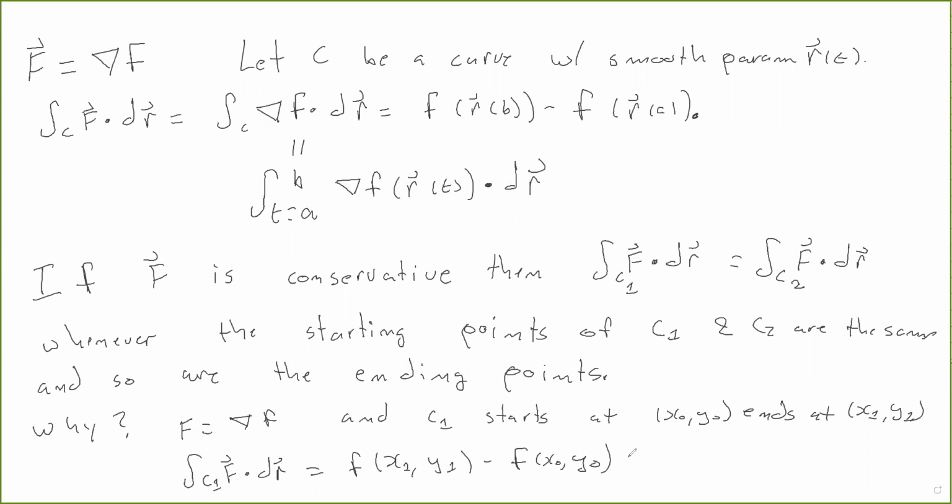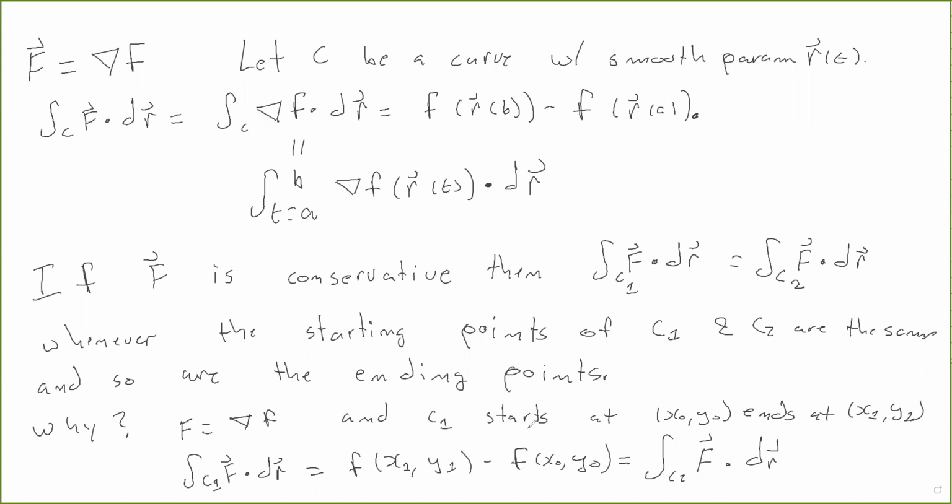And similarly, since C1 and C2 start at the same places, the formula also says that this is the line integral of F over C2, because the start point of C2 is x naught, y naught, and the end point is x1, y1. And so again, just using this formula up here, the line integral of the vector field F over the curve C2 is equal to f of x1, y1 minus f of x0, y0.